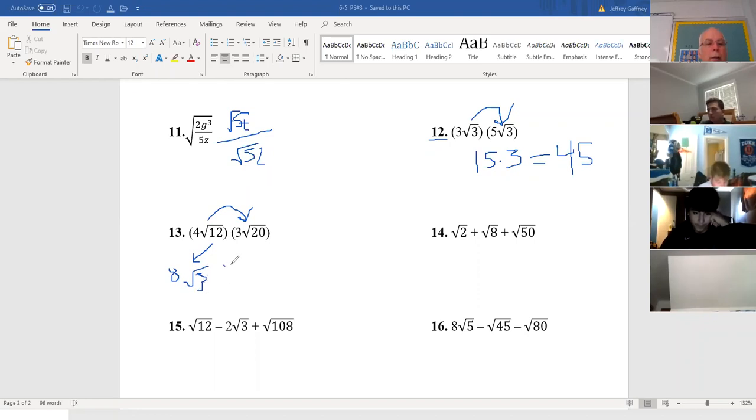Did you see what I did? 20 is 4 times 5, right? So the 4 comes out from the radical as a 2. 2 times 3 is 6, leaving 5 under the radical, right? And then we just multiply the 8 times the 6 is 48. And the 3 times the 5 is 15. So it's 48 radical 15.